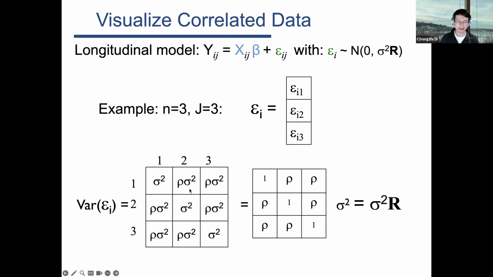But the off diagonal entries are now also non-zero because there is some correlation between them. If the correlation is denoted by rho, the variance covariance matrix is no longer a diagonal matrix. It has some general structure with additional parameters indicating how strong the within subject correlation is.